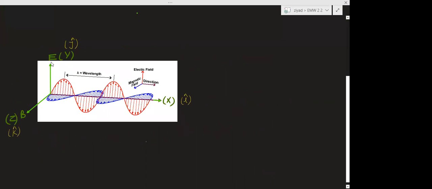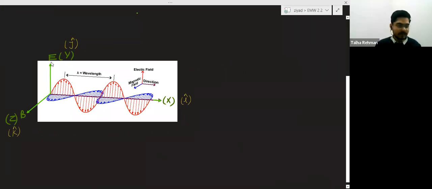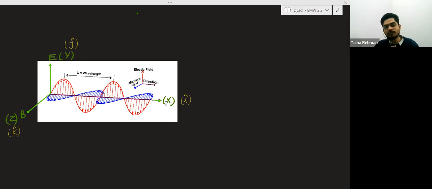Here we have just considered that electric field is along y direction, magnetic field is along z direction, and the wave is propagating, or you can say the motion of the wave is along the x direction. But there can be another direction of the electric field, magnetic field, and the direction of the propagation of the wave.